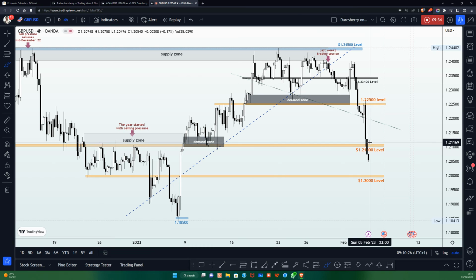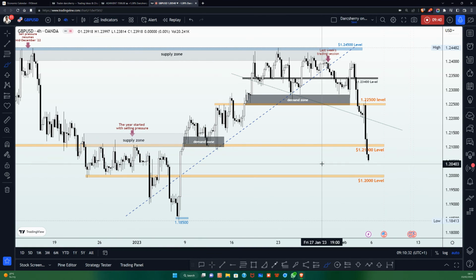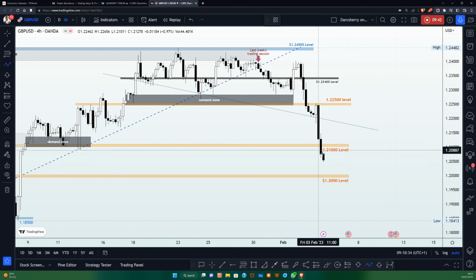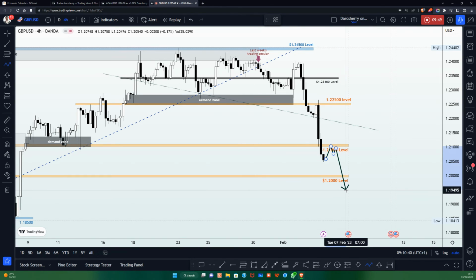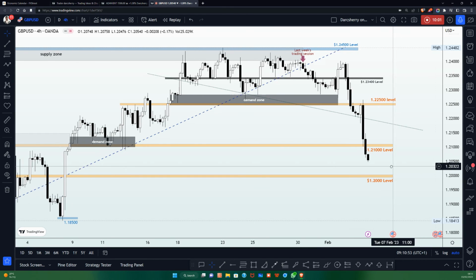Now it appears price is back into that structure where we have a strong selling niche, and we might likely see a situation where selling pressure will resume again right below the 1.2100 level to incite another wave of bearish momentum. And if a further breakdown of the 1.200 level happens, we shall be looking out for opportunities to add more position to our existing trade.